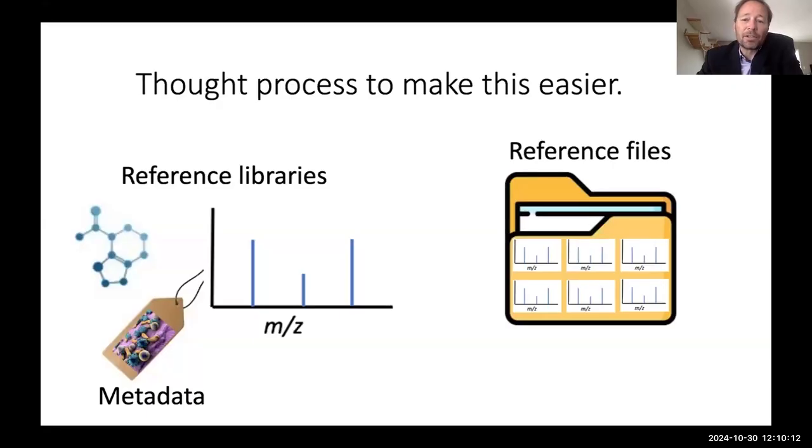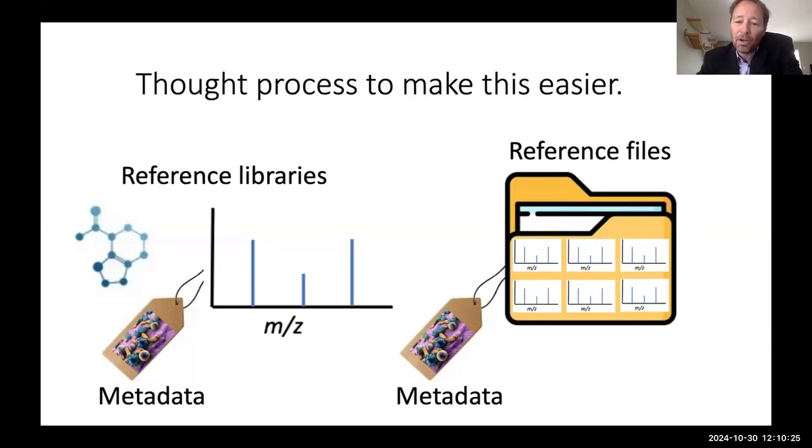The other strategy is taking entire reference files. So if you have, let's say, a tomato, and you have done an LC-MS/MS on a tomato, we then attach that metadata tag to it, and it captures both all the unknown spectra and the known spectra. So every single spectrum in those reference files now has this metadata attached to it.